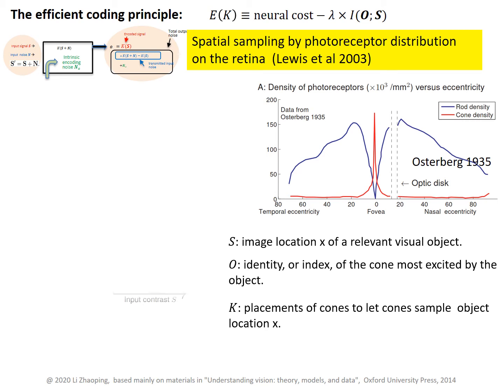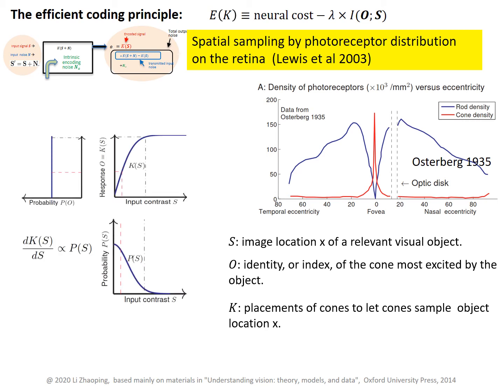So now let's recall the thing we just learned for the fly's contrast response function. Here we notice that we designed the contrast response function such that we put the most sensitive part of the response function where the most likely contrast input might occur, yeah? And so this means we are allocating a lot of possible output response levels, this level, that level, different output response levels, lots of possibilities for a small range of input contrast. This is because within that small range, it's more likely to happen.